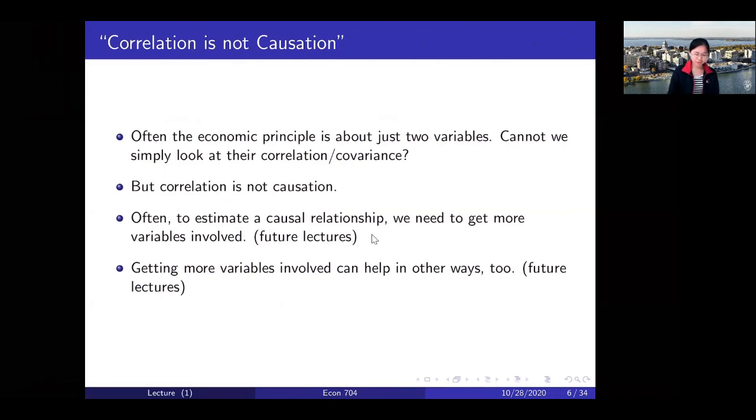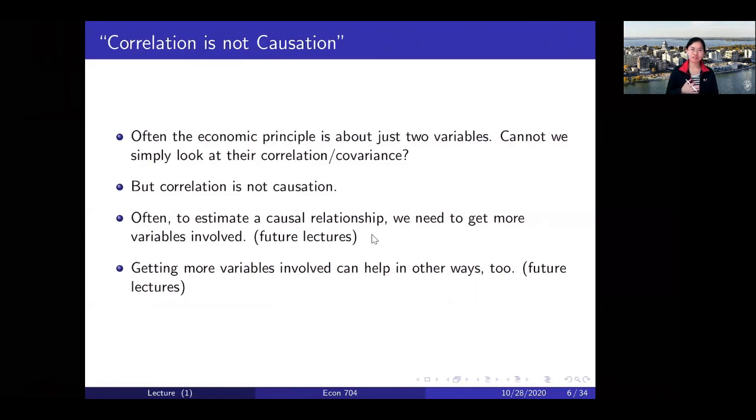Before doing that, I want to emphasize why we want to study the relationship among more than two random variables. As I described, the law of demand is between a price and a demand, which is a relationship between two random variables. The law of incentive is also between two random variables, the incentive and the action.